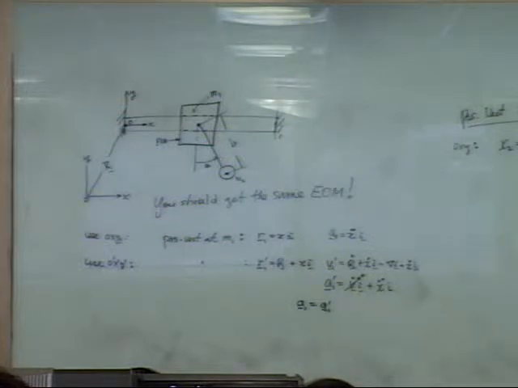But this is I, this is J, E goes like this. Okay? So this is minus I, so to speak.